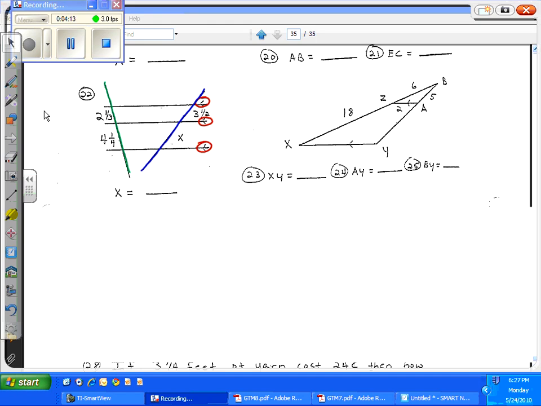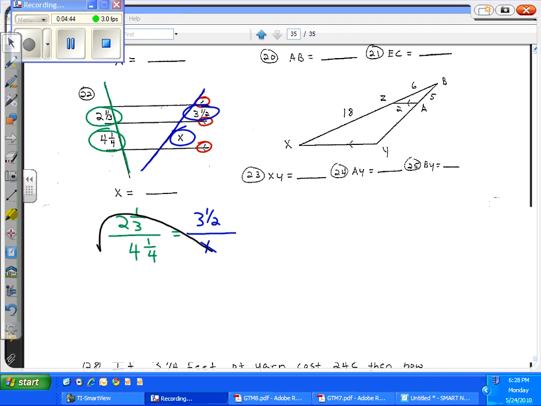If 3 parallel lines divide 2 transversals, then they divide the 2 transversals proportionally, meaning top piece of the one, 2 1/3, over bottom piece of that one is equal to top piece of the other one, 3 1/2, over bottom piece X. If 3 parallel lines divide 2 transversals, then they divide the 2 transversals proportionally.